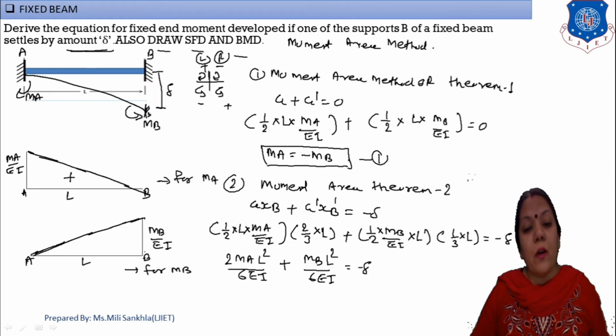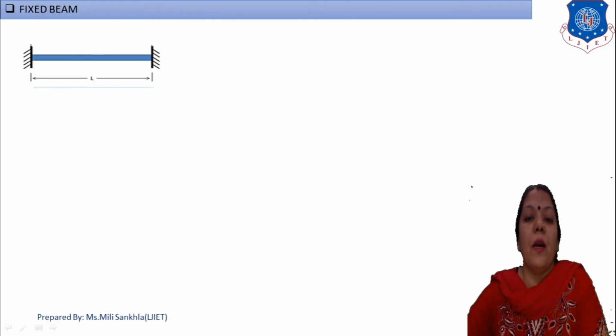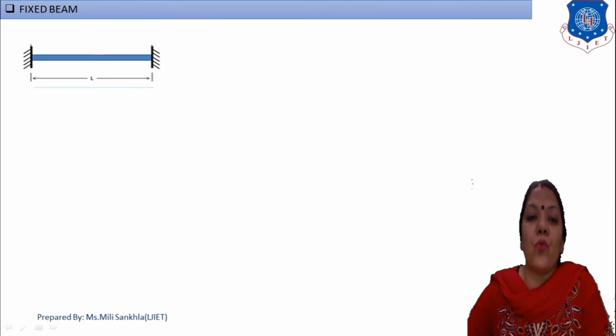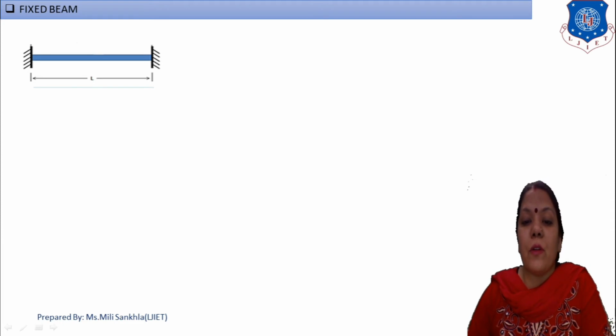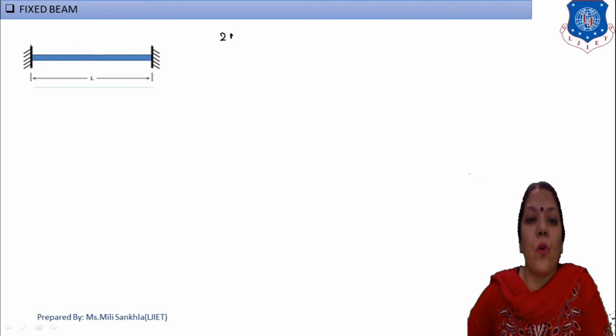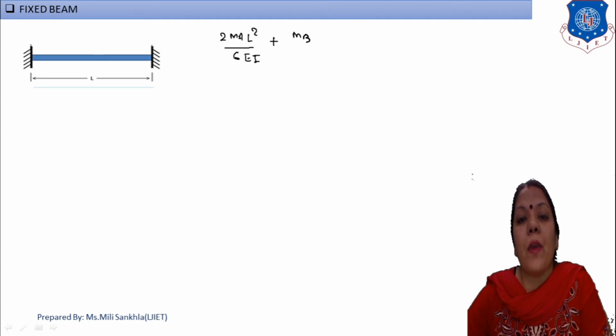Now we solve again. Right here we get two values after solving with moment area theorem number 2. First is 2 MA L square by 6 EI plus MB L square by 6 EI is equal to minus delta.